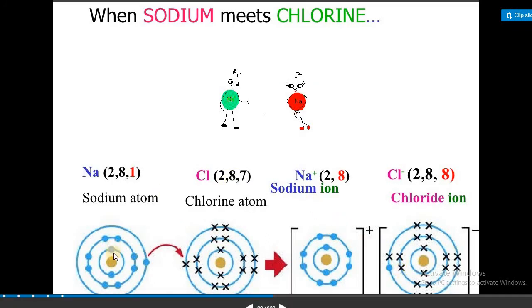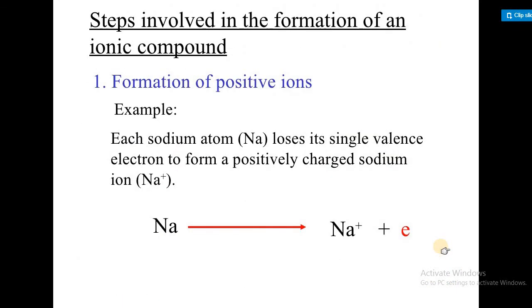The only steps you have to follow: first write the electronic configuration of neutral atom for both metal and non-metal. Then with the arrowhead transfer electron. Then with this arrow show the products which are formed, the cation, positive ion at the top, and the negative ion at the top. This is how it works.